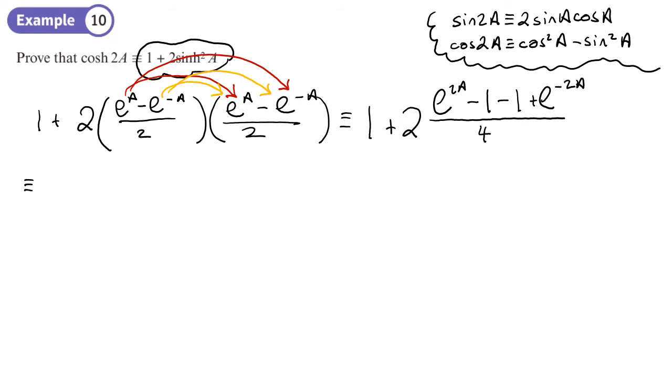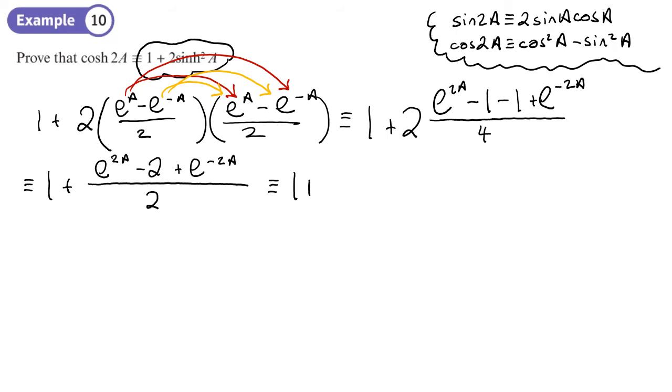So let's simplify that. So we'll have 1 plus, now the 2 at the front and the 4 can cancel down, just leaving 2 at the bottom. And at the top I will have e^(2a) minus 2 plus e^(-2a). I'm going to split it up and put the 2 elsewhere.